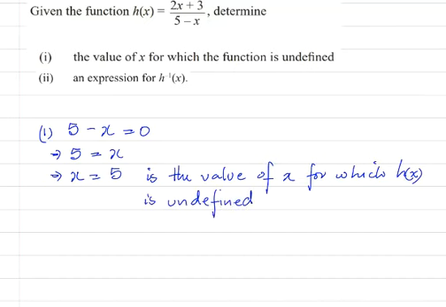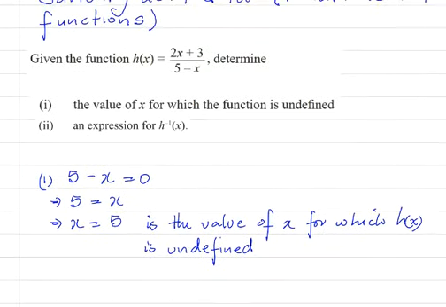All right. Now, why did we equate that to 0? Well, for starters, a function is a relation in which every element of the domain is mapped onto one and only one element in the codomain. Now, first of all, it is impossible to divide by 0.